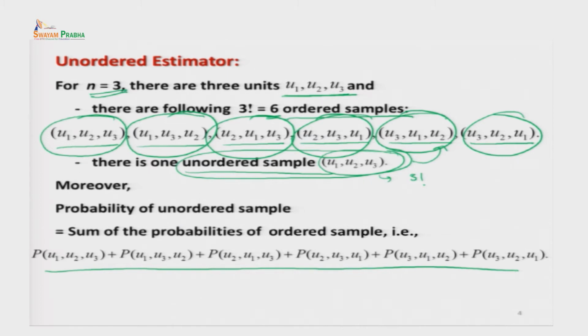Right. So you can see here that the probability of an unordered sample is once again expressed as the sum of the probabilities of ordered samples. So this is what we have to understand now here.